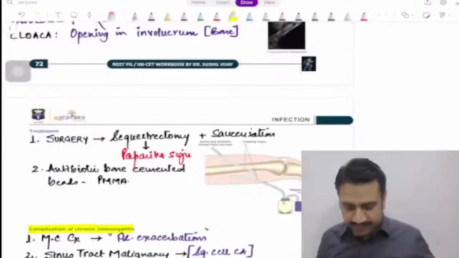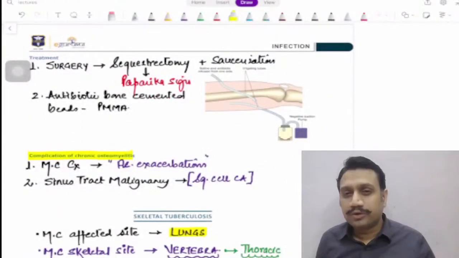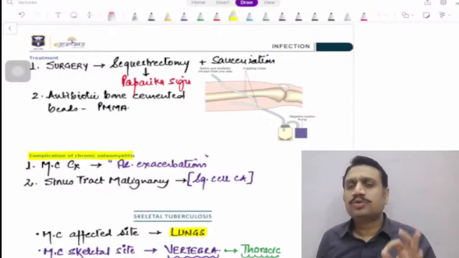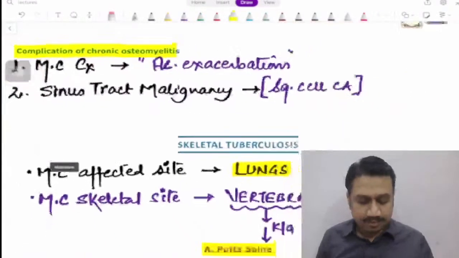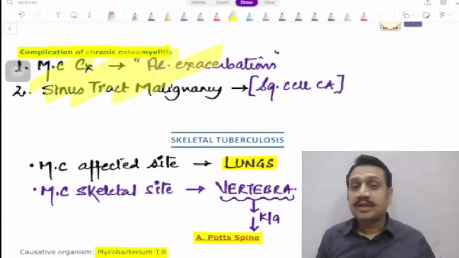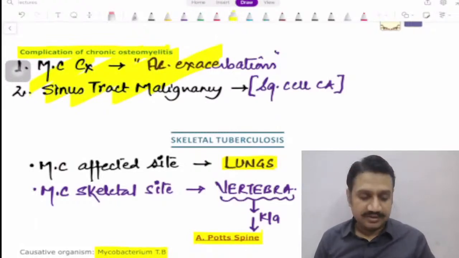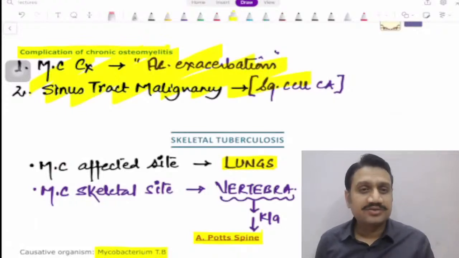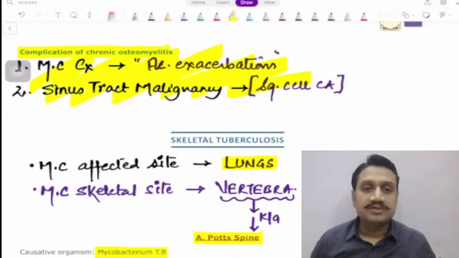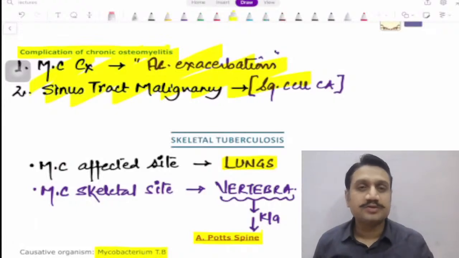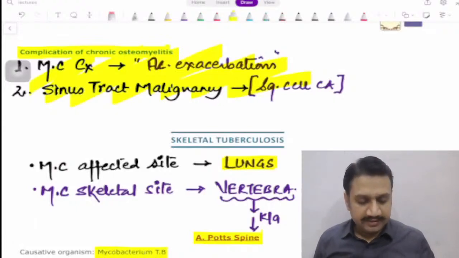All right. Now in the cases of chronic osteomyelitis, the two most important points: which is the most common complication to be seen? It is acute exacerbations, right? And whenever you're talking about sinus tract malignancy, it is always and always squamous cell carcinoma, right?